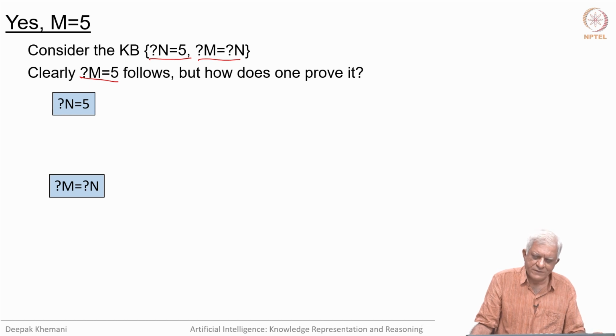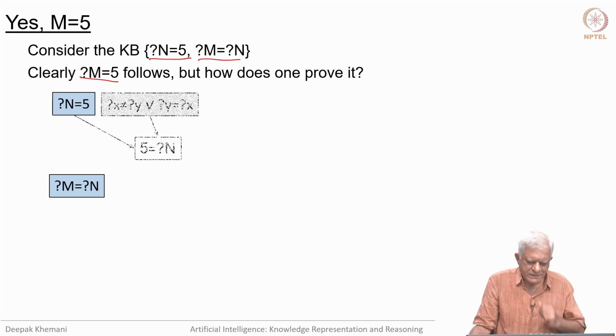There are two facts given to us, n equal to 5 and m equal to n as shown here, and we start using the equality axioms. This is a symmetry axiom, if you remember. From the symmetry axiom we can conclude that 5 equal to n.